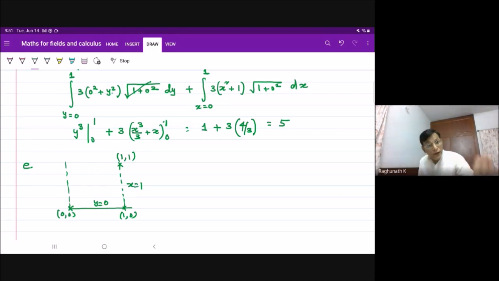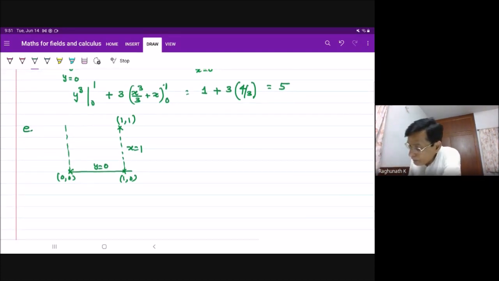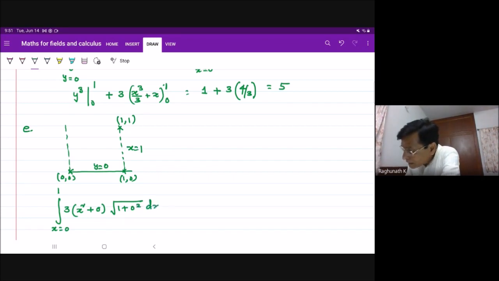And we discussed everything actually. X is equal to x constant, y constant, right? What is this now? X from 0 to 1, 3 into x square plus 0, dy by dx is equal to 0, root of 1 plus 0 squared dx.